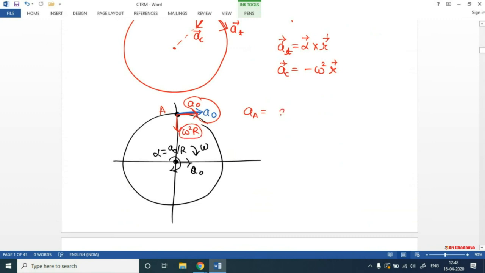That would be the square root of (2A naught) square plus (omega square R) whole square, etc. If omega is equal to 0, it is simply going to be 2A naught.